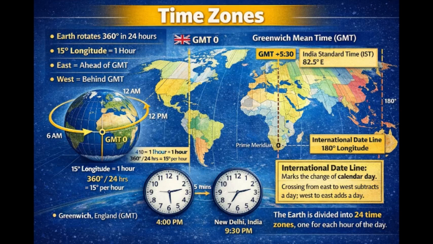The Earth rotates 360 degrees in 24 hours, which means 15 degrees equals 1 hour. India follows 82.5 degrees east longitude as its standard meridian, and therefore IST is GMT plus 5:30.